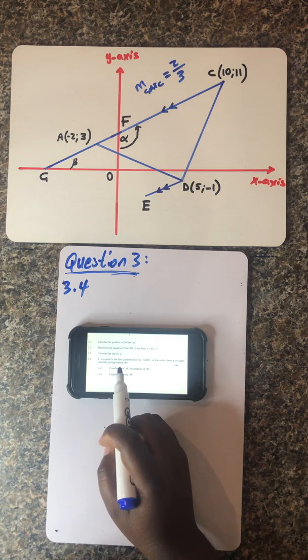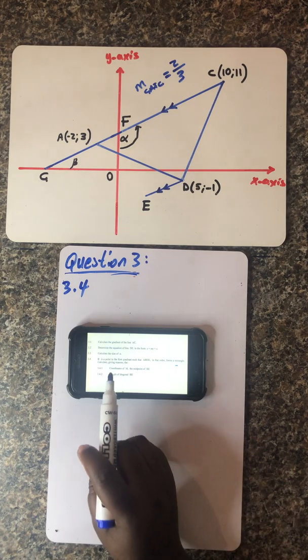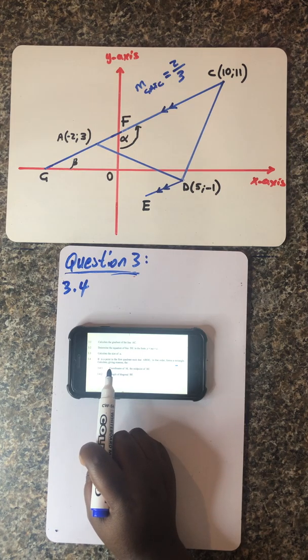Calculate, giving reasons, the following. This is going to be an interesting question. So ladies and gentlemen, let's check something. I'll read that statement one last time so that it sinks in.